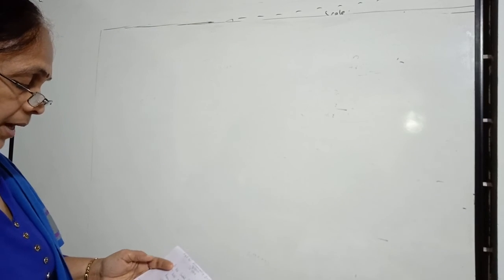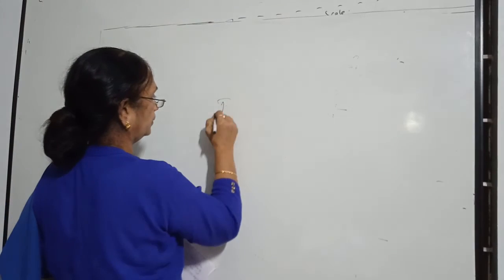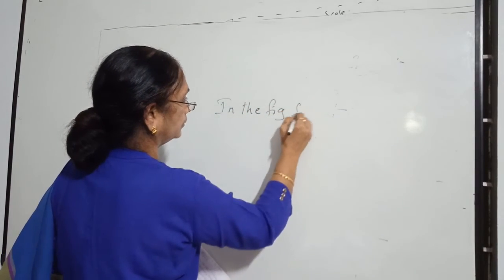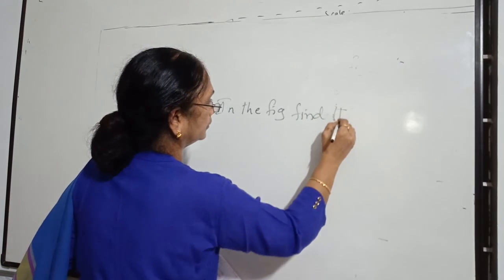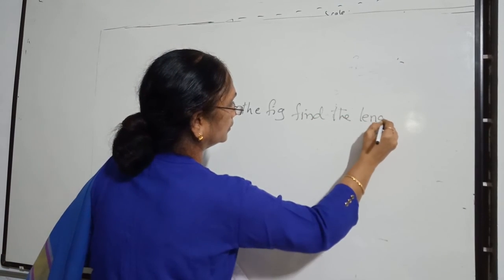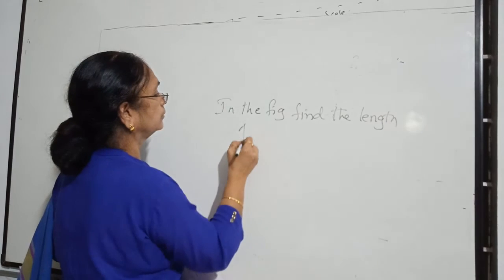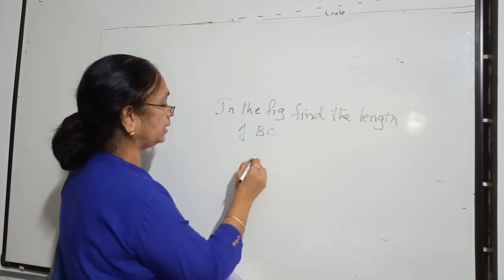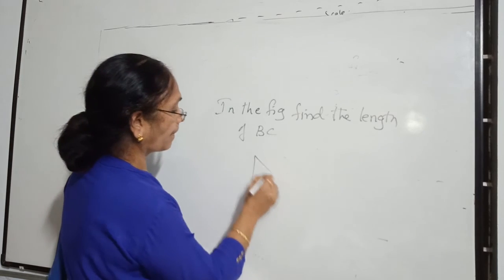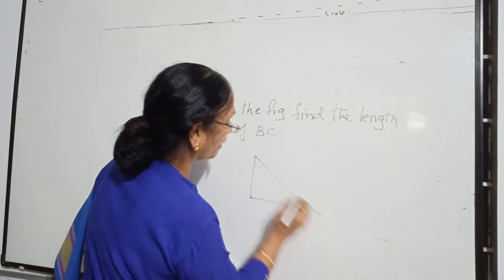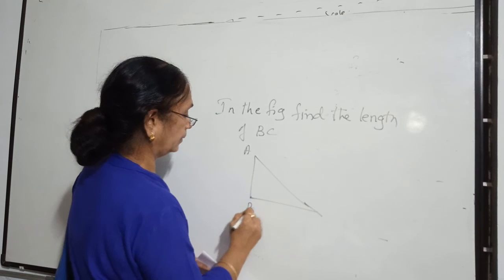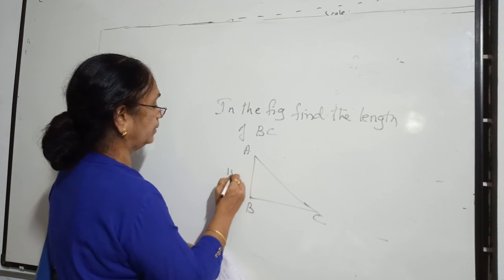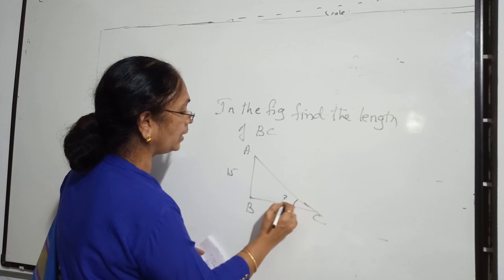In the figure, find the length of BC, and the diagram is given like this. And then the length of AB is given as 15, and this theta value is given as 30.